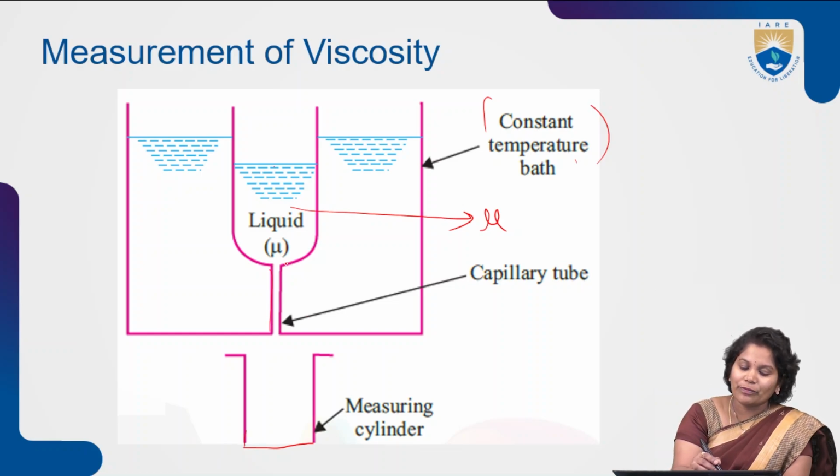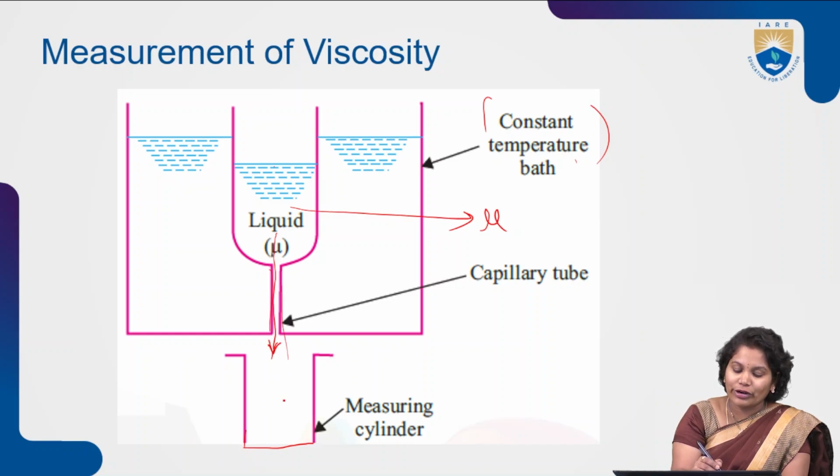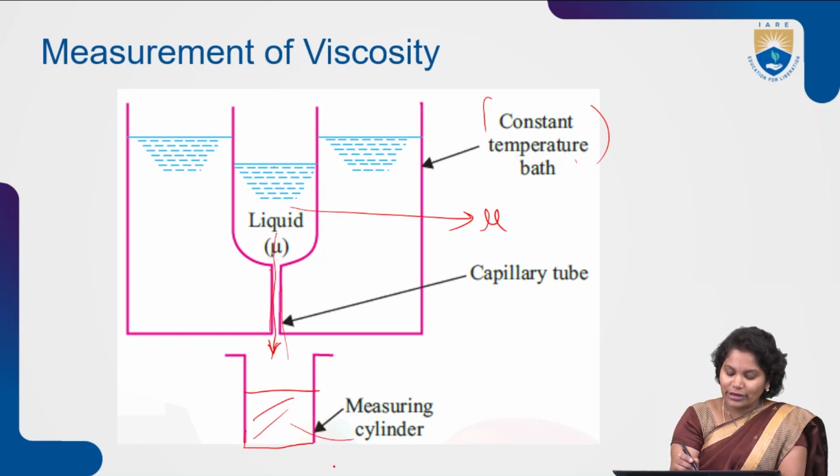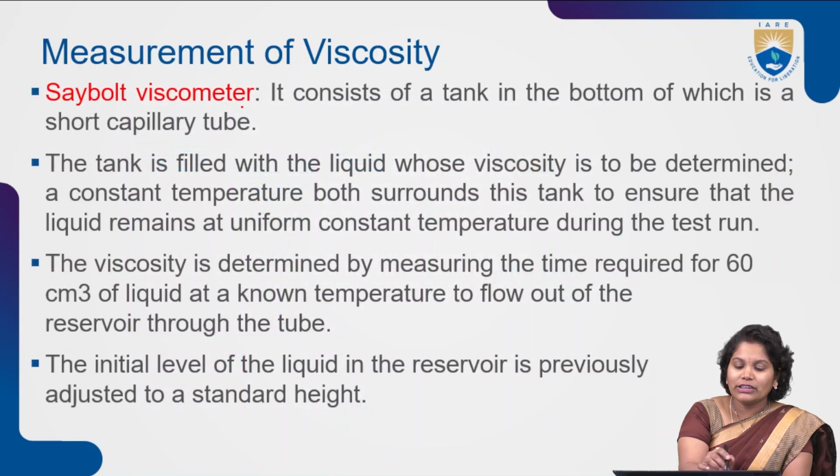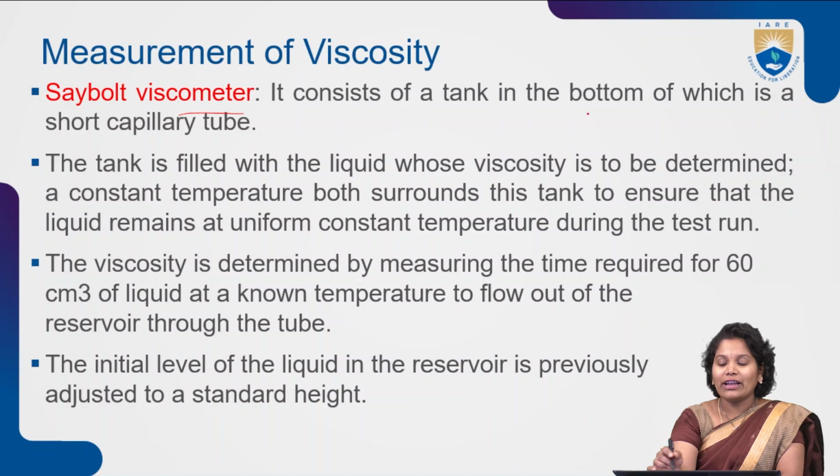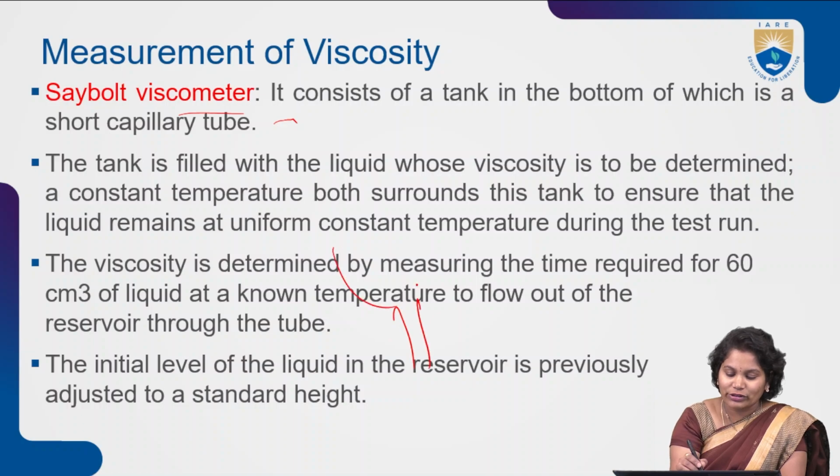So we note the time with which the fluid is filling this measuring cylinder. The Saybolt viscometer consists of a tank with a short capillary tube attached at the bottom.